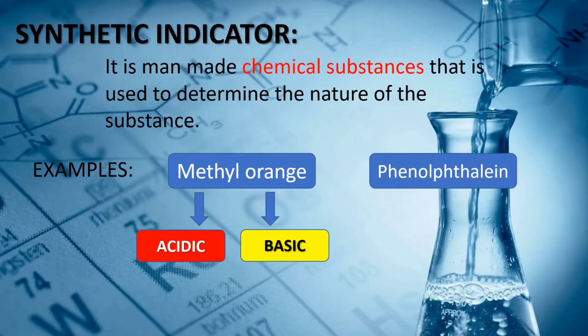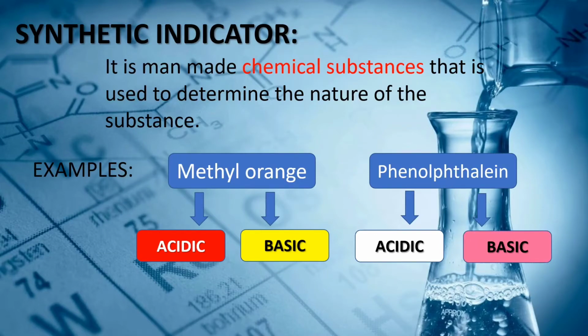Whereas with phenolphthalein, in acidic medium it is colorless, and in basic medium it becomes pink. So this is how phenolphthalein, methyl orange or any synthetic indicator helps us in knowing the nature of the substance by changing its color.